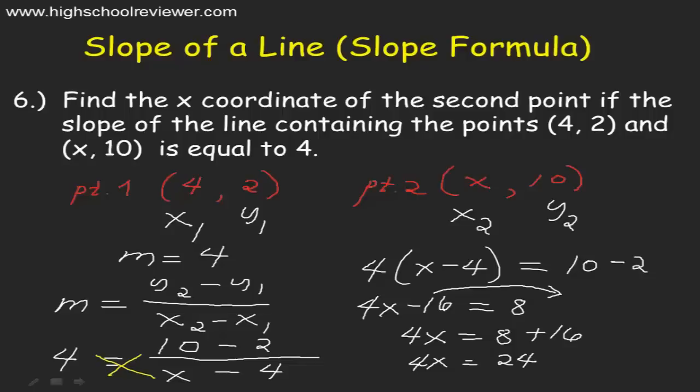And to find x, you have to cancel out 4. So divide both sides of the equation by 4. So our x here will be equal to 24 divided by 4, or that will give us positive 6. So therefore, our x sub 2 is equal to 6.